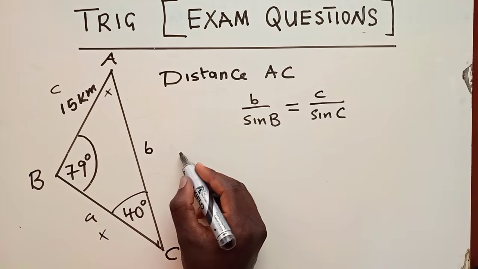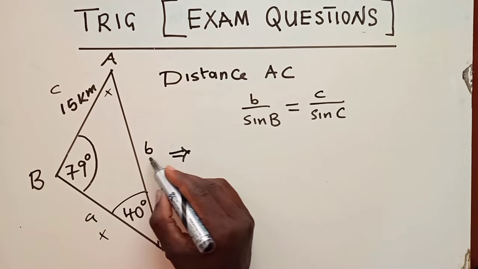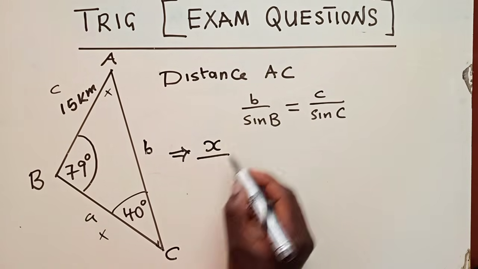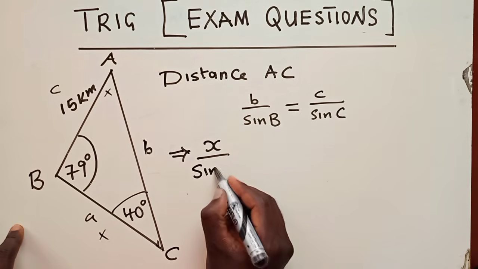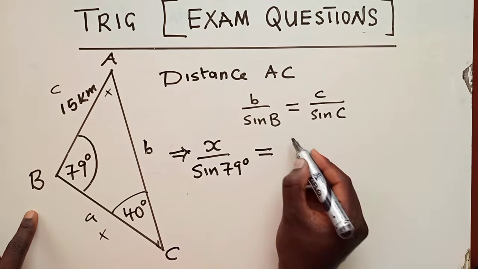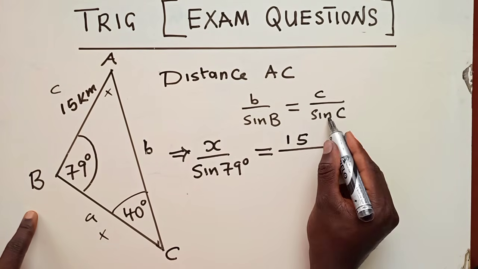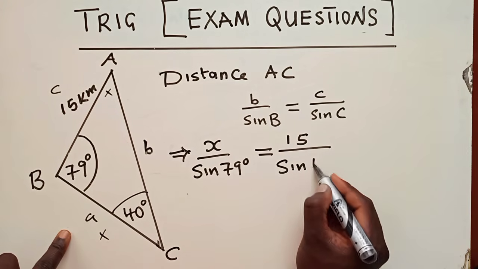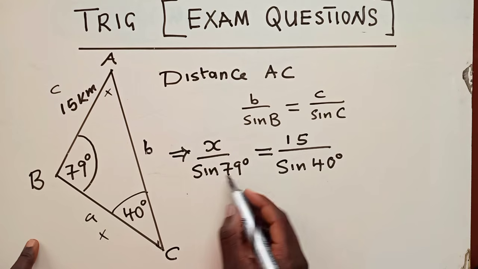So we say the small letter b, we'll put x, is what we are looking for. And sine capital B is 79 degrees, is equal to small letter c, which is 15, over sine capital C, which is 40 degrees. So here we can cross multiply.